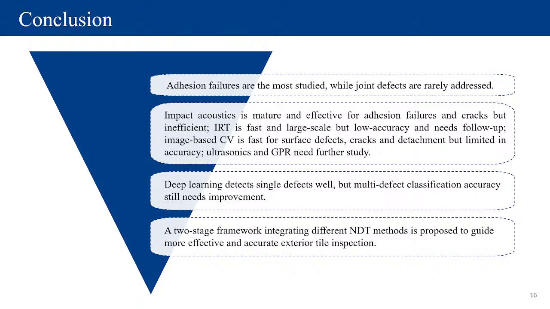And the non-destructive testing methods have different strengths and limitations, so we need to integrate multiple non-destructive testing methods to detect the tile defects at the same time. And third, deep learning could detect a single defect well, but multiple defect classification accuracy still needs improvement. And finally, a two-stage framework integrating different NDT methods is proposed.